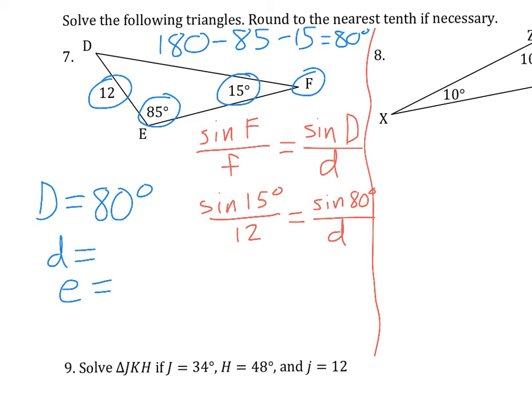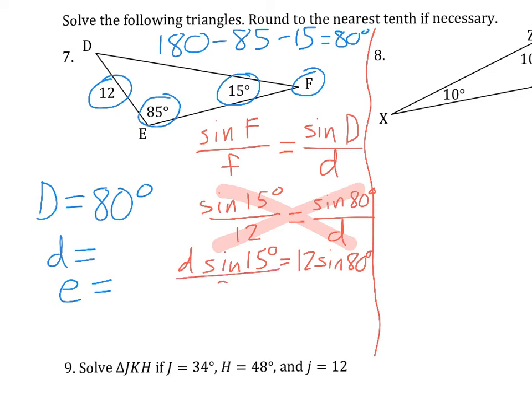Alright, so now multiply diagonally. Multiply that times that, and that times that. Gives us D times sine 15 equals 12 sine 80.